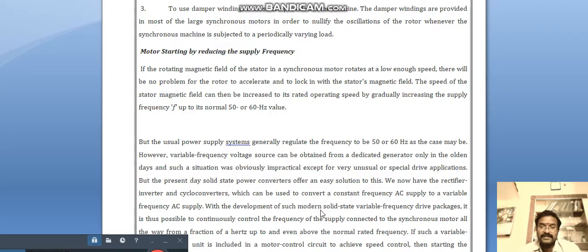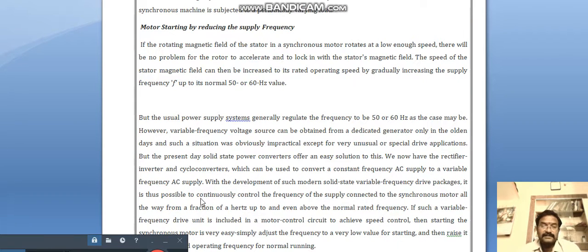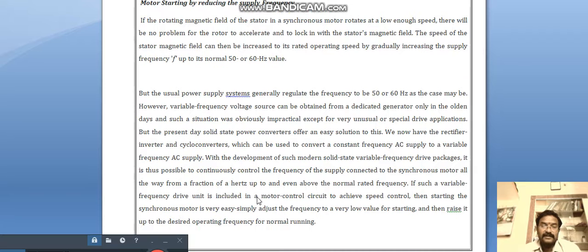With the development of modern solid state variable frequency drive packages, it is possible to continuously control the frequency of the supply connected to the synchronous motors, all the way from a fraction of a hertz up to even above the normal rated frequency. Such a variable frequency drive unit is included in the motor control circuit to achieve speed control.